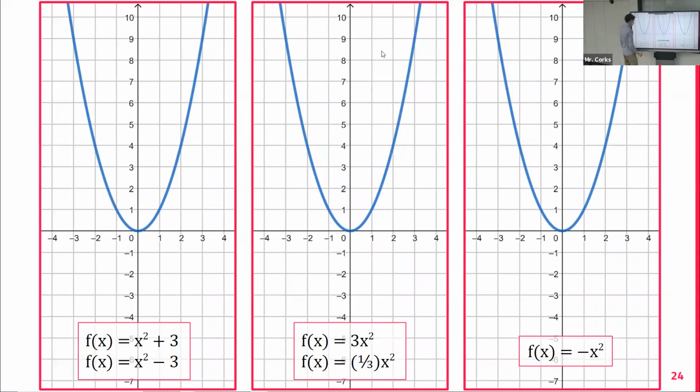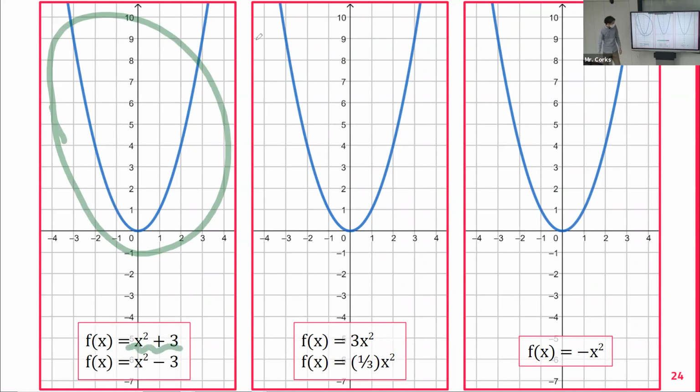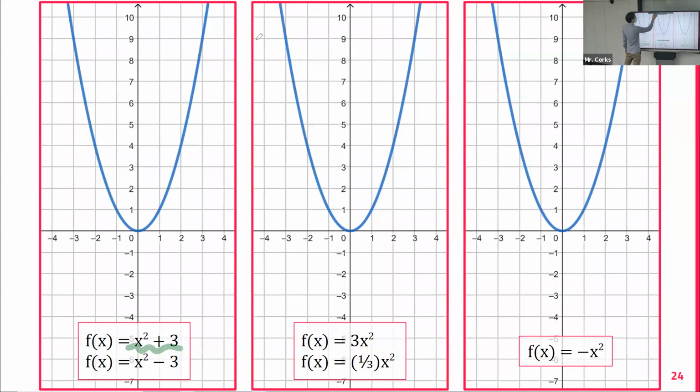Okay, so on the left version first, if this is our y = x², or f of x is x², and then we change it to be x² plus 3. What's going to happen to this graph? Okay, move up by 3. So all the points, can we slide the whole thing up by 3?